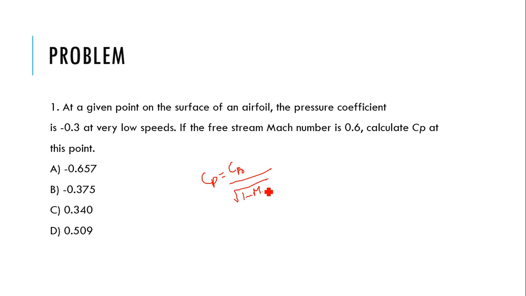They have given the free stream Mach number as 0.6, and the pressure coefficient at very low speeds is minus 0.3. Just calculate it and find the answer.